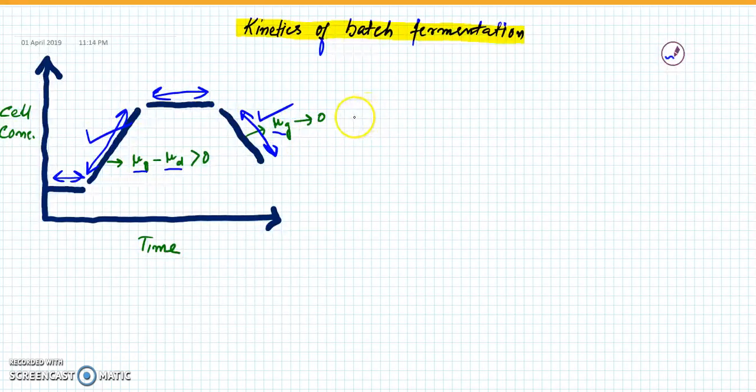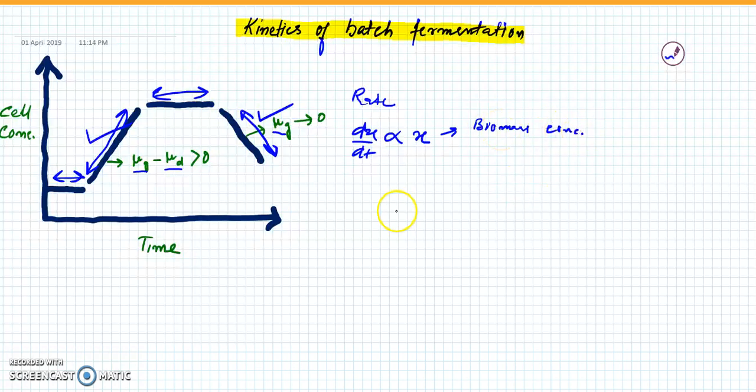So the rate, which can be written as dx divided by dt, is directly proportional to x, where x is the biomass concentration. Now removing the proportionality, we can write dx by dt is equivalent to mu x, where mu is the specific growth rate.